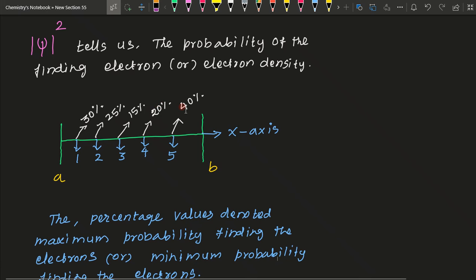Anyway, like this. This is the probability or density of the electron.